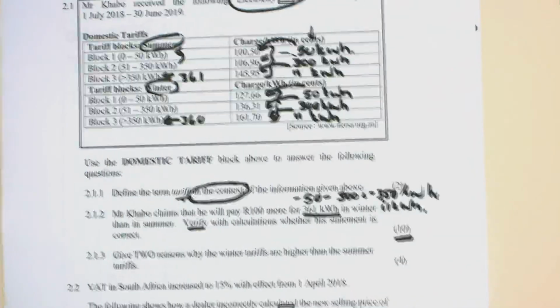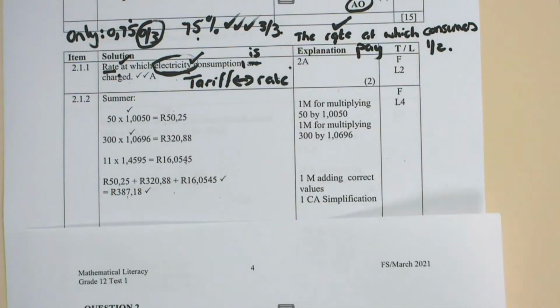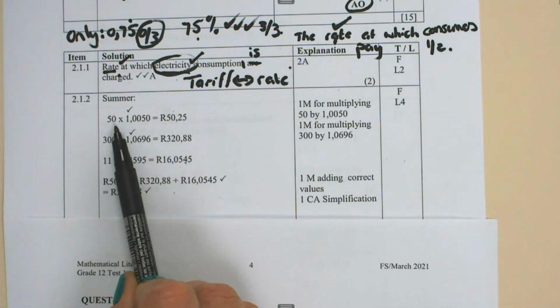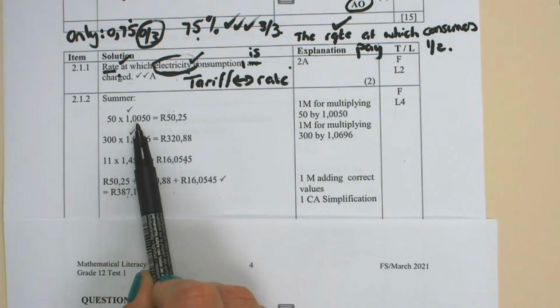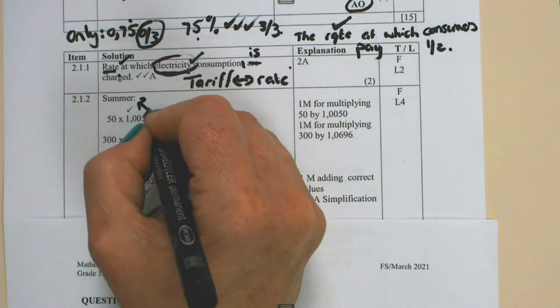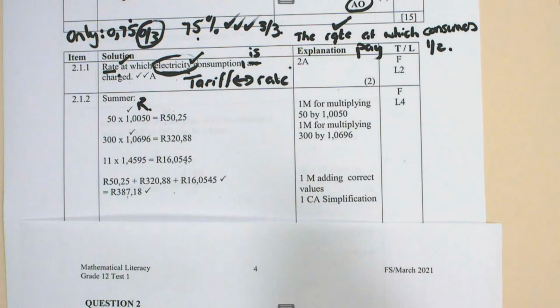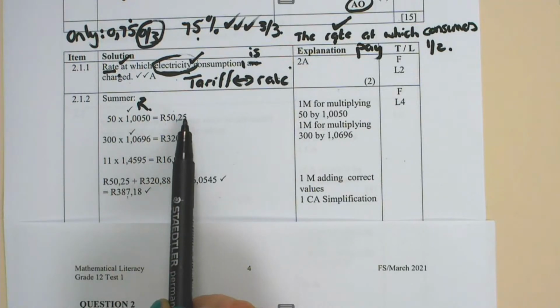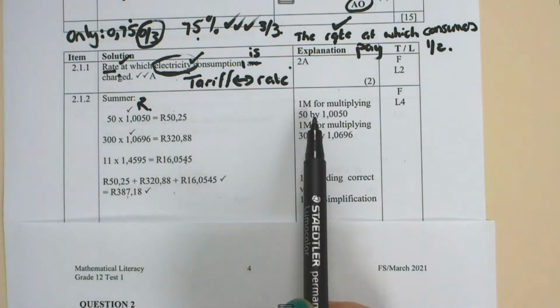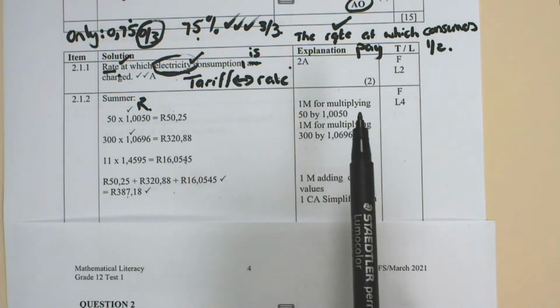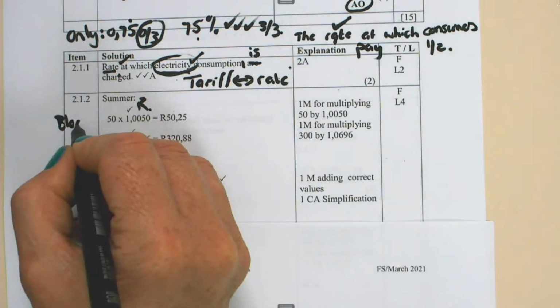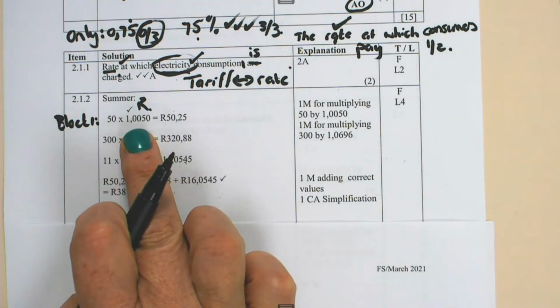So let's see. What are the learners getting marks for? So here you will see, first of all, the money has already been converted to rand. Learners can do this in rand or in cent. It is really up to them. They can first convert to rand and then work out, or they can work out and then convert to rand. But for calculating for the first block, for block 1, there's 1 mark.